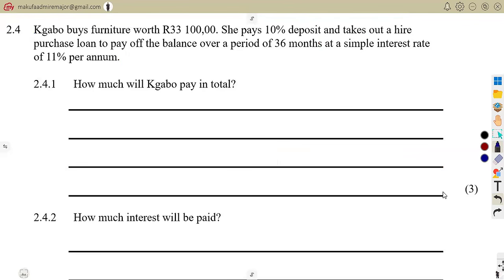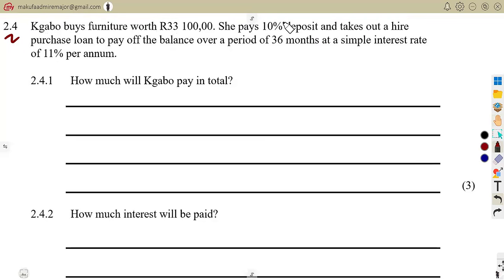You just need to make sure you use your calculator properly in that case. On 2.4, you are given that Cow buys furniture worth 33,100 rand.